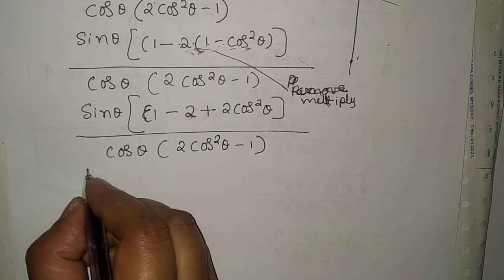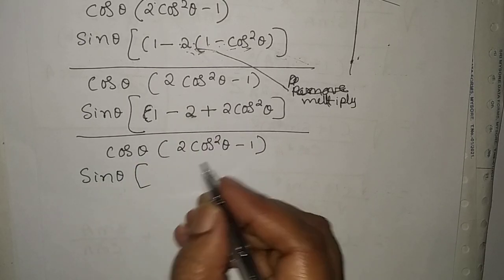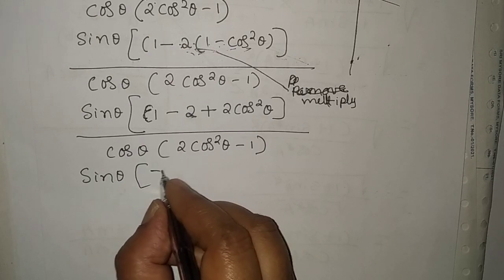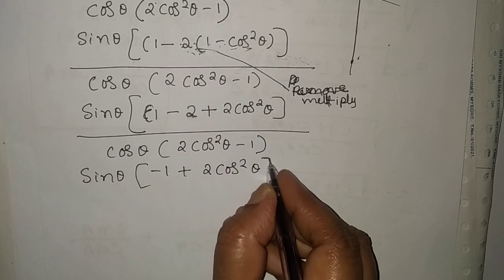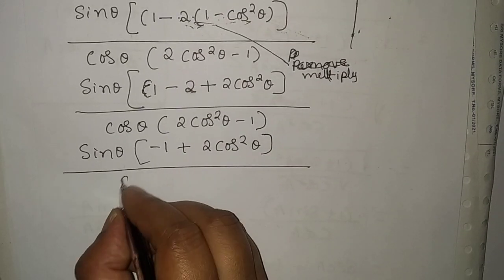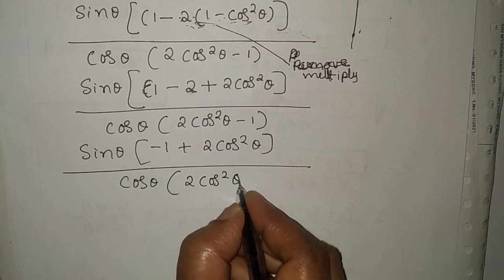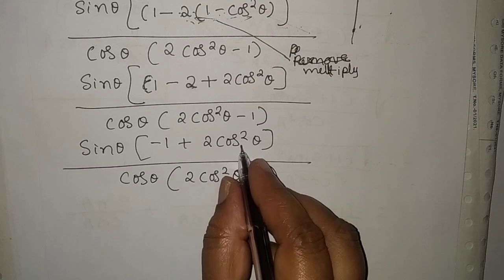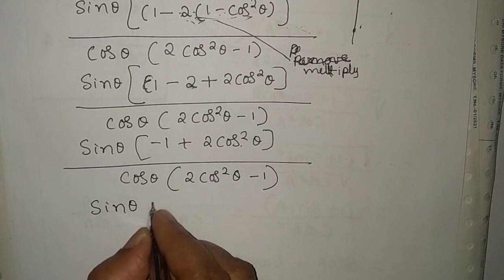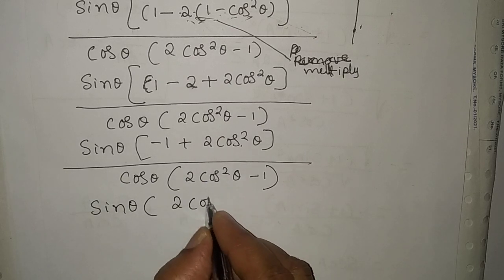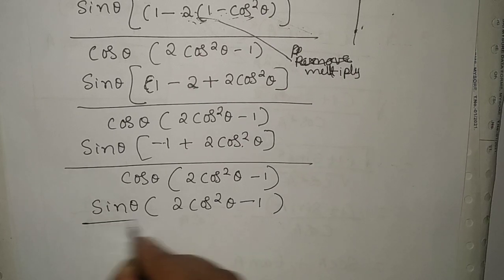Now simplify: sin theta, 1 minus 2 will be minus 1, minus 1 plus 2 cos square theta, over cos theta into 2 cos square theta minus 1. Now rearrange this one. Then if we rearrange, sin theta into 2 cos square theta minus 1.